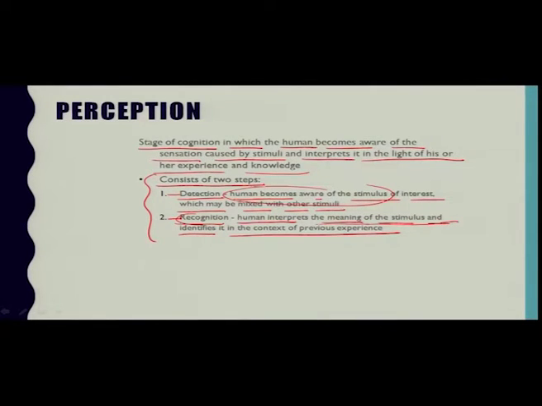So detection means becoming aware of the stimuli of interest, which may be mixed with other stimuli. It is a process of discovery, but no interpretation of the stimuli has yet occurred. And recognition means interpreting the meaning of the stimulus by identifying it in the context of previous experience.